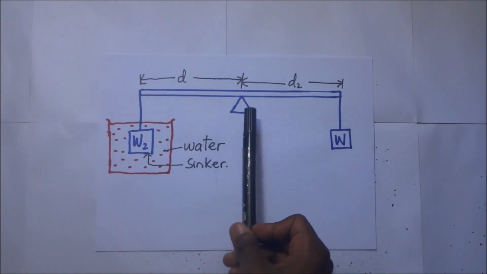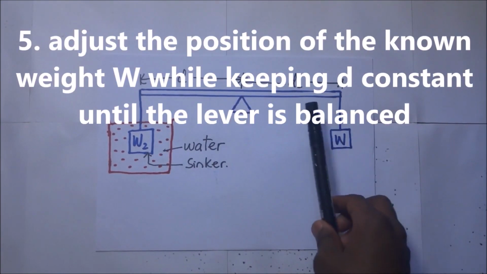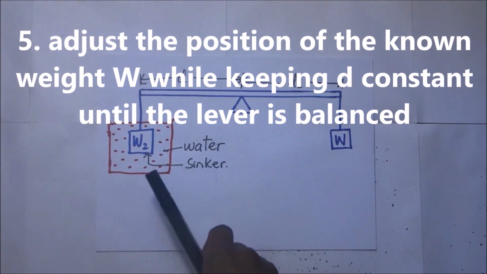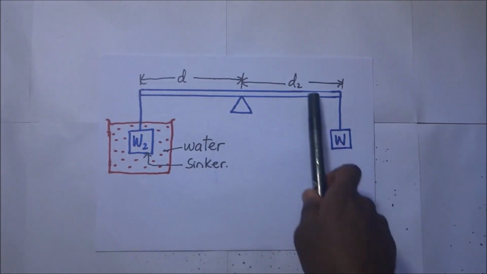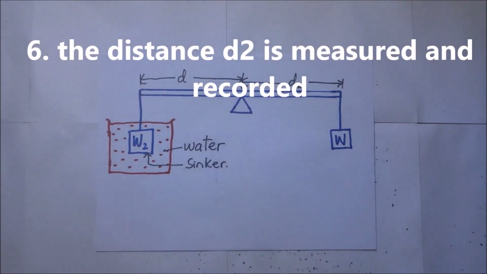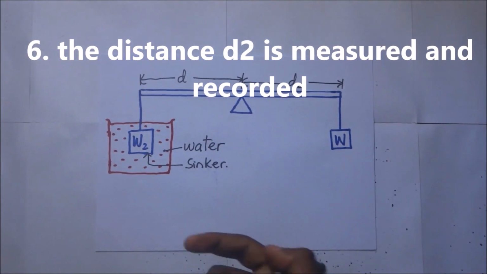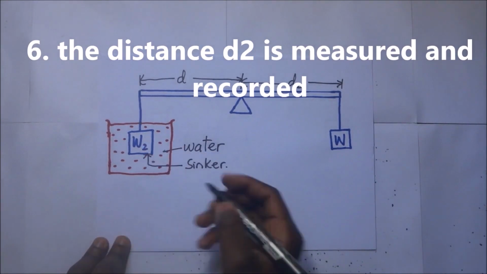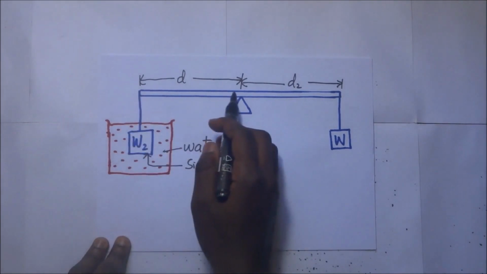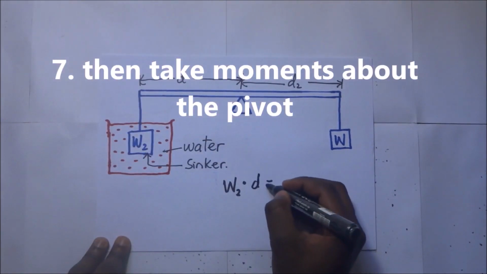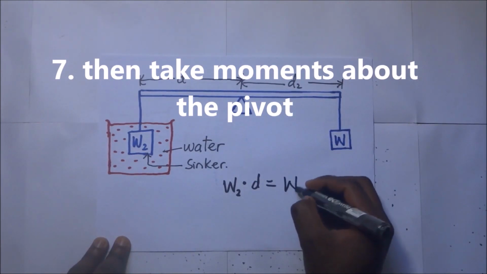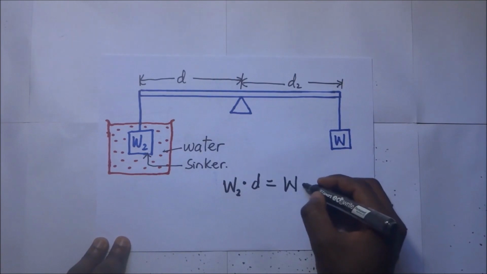And when it balances, we measure and record the distance D2, and after measuring the distance D2, we go ahead and take moments about the pivot. Taking moments about the pivot in this case is going to give us the weight W2 multiplied by the constant distance D, is equal to the known weight W times the distance D2.